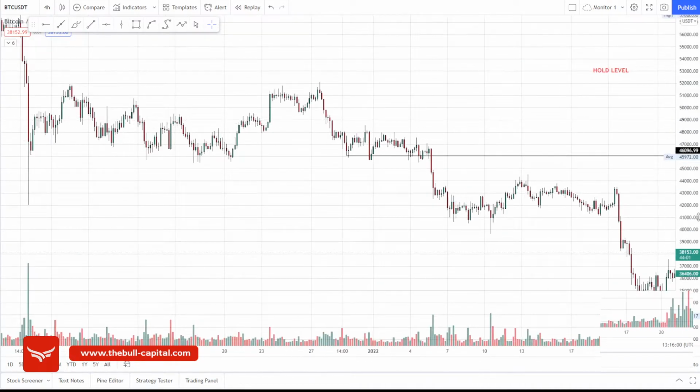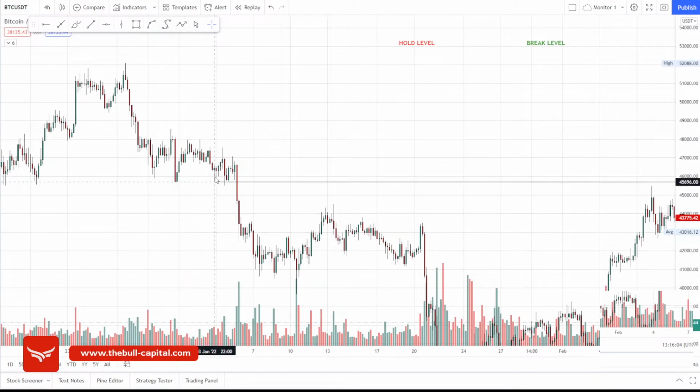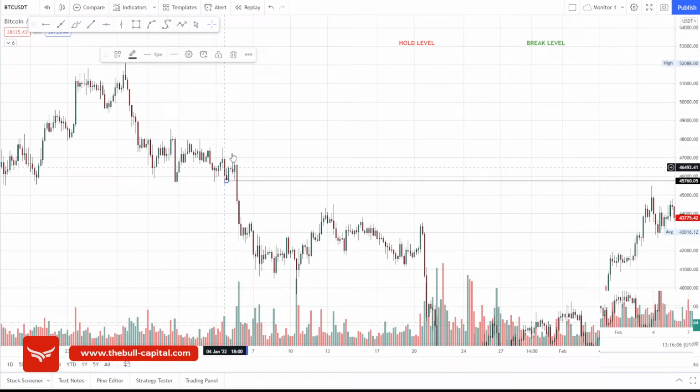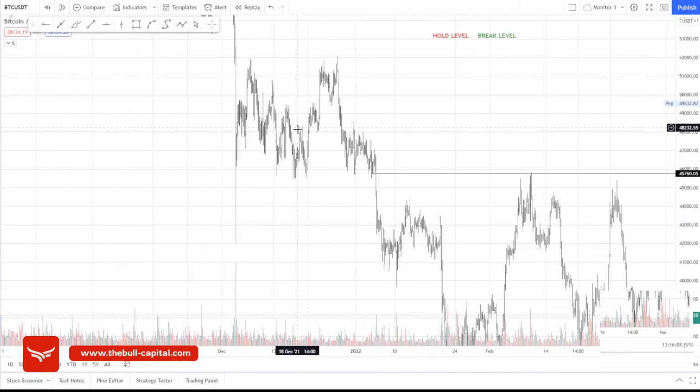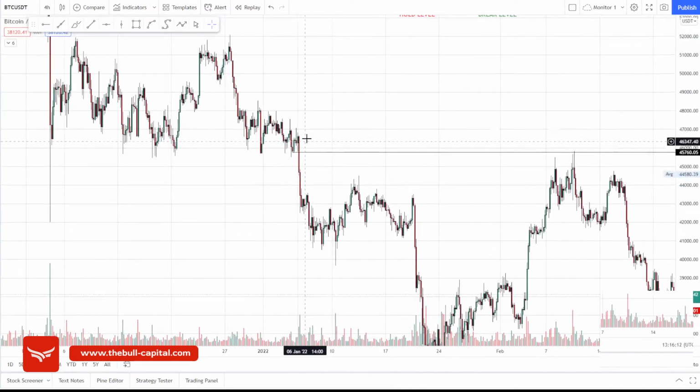Let's see actually where it is. Should be this one. Yeah. So this is a hold level. Why is it called a hold level? Because it's holding the price from moving higher.